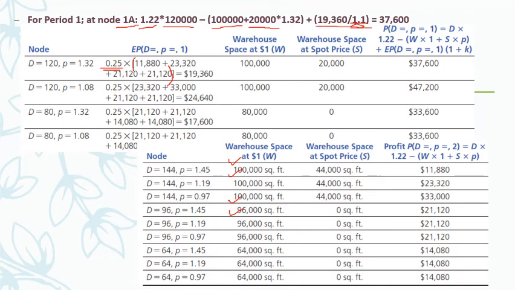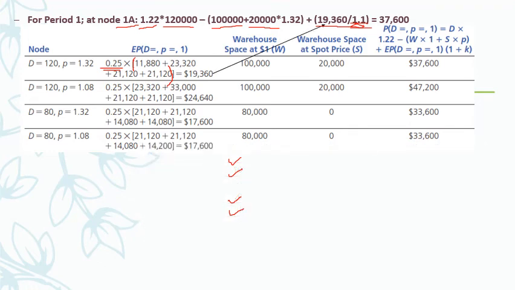Add these two, you will get 37,600. So this 19,360 is the expected future profit from period 2. And don't forget to discount it, and don't forget to multiply the expected future profit by the probability value, whatever may be the probability.